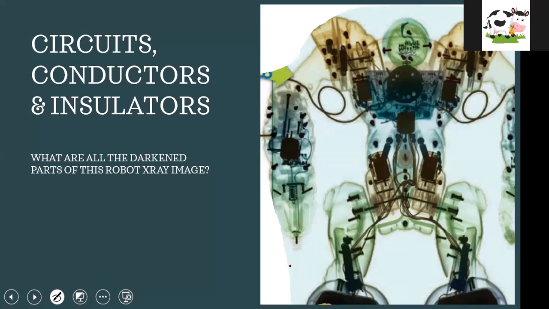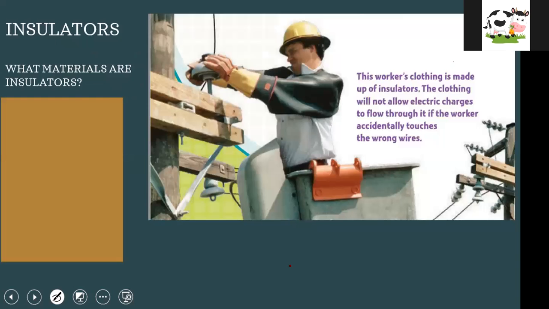Some engines. Some screws. Yeah, there seem to be screws and some engines, and most of it is circuit, right? Like a circuit or wiring. So that's what we're going to learn about next.